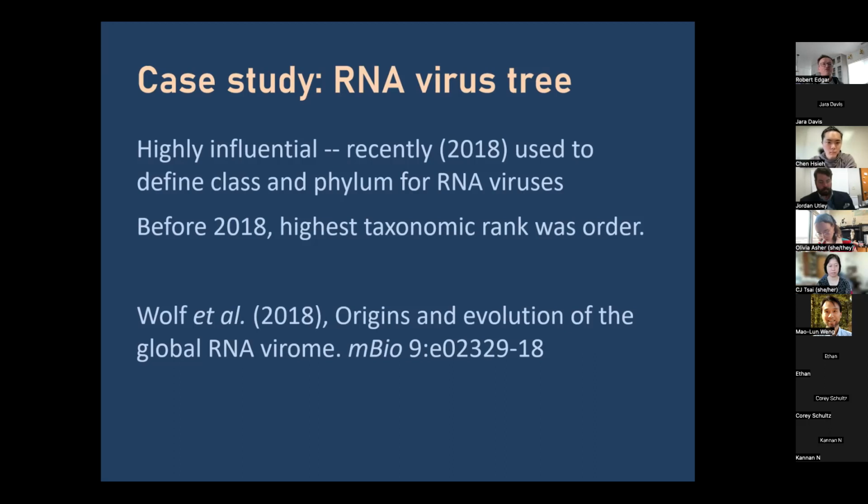And then in 2018, a paper came along which was highly influential: Wolf 2018. They went to a lot of effort to build a global multiple alignment of all RNA viruses from their polymerases and build a tree from it.